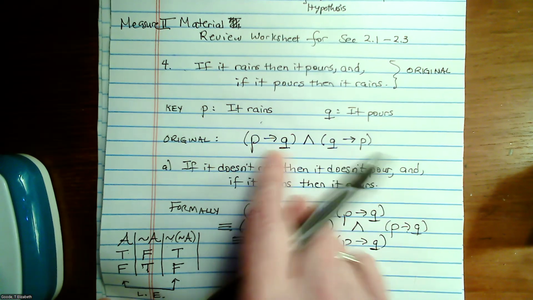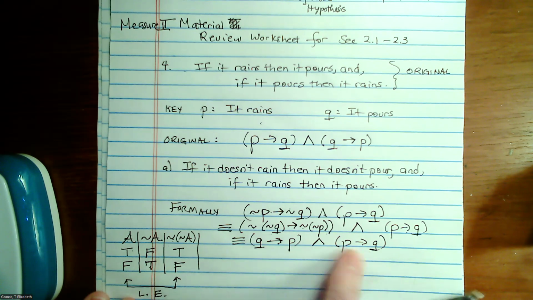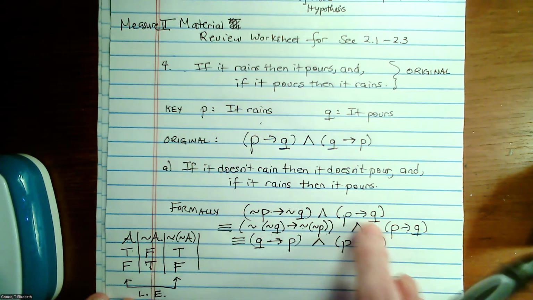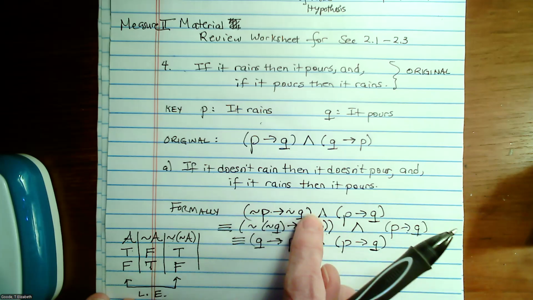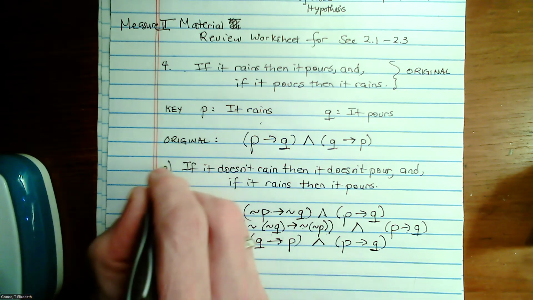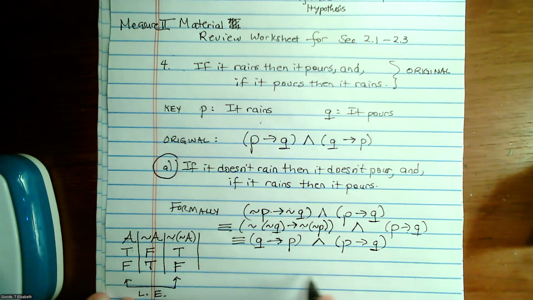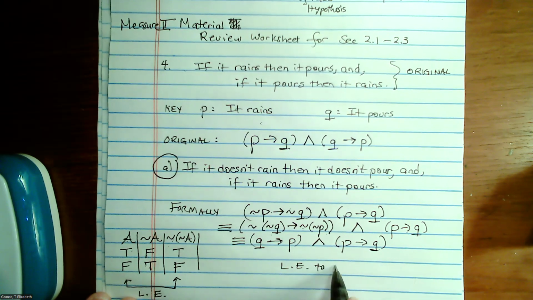It is the same expression. We're just getting at that answer by using the logical equivalence of different ways to say if P then Q and if Q then P. So this is logically equivalent to the original because we have both this and that.